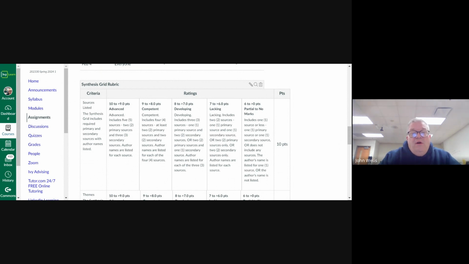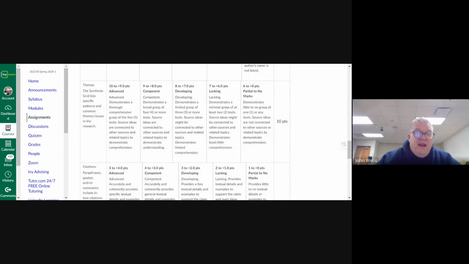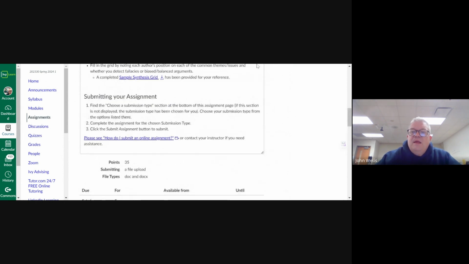So when you're working through this, and you look at the sample, and you're talking to your peers and asking me questions, you're thinking about where do I fall in here, right? These descriptors will help you get a sense of where you're at, how you're doing, and what kind of grade you might be getting, or how to get the grade that you want, okay?